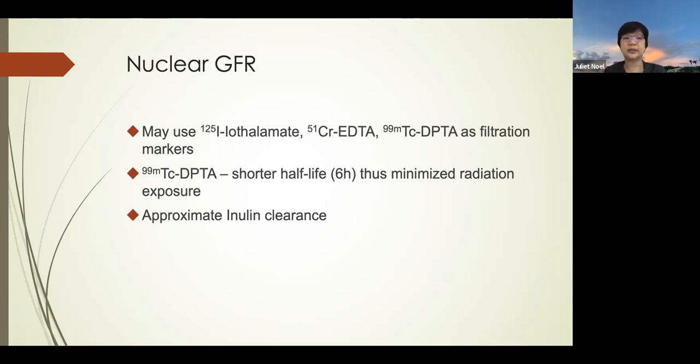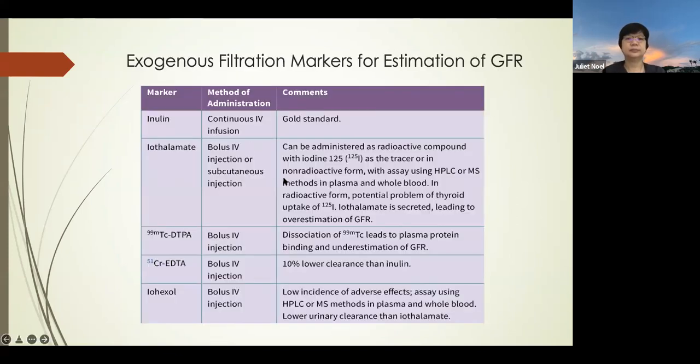Unlike serum creatinine, which increases as your kidney function deteriorates, with nuclear GFR we give a fixed dose of filtration marker. So among the exogenous markers, the gold standard, as mentioned, is inulin, but it needs a continuous infusion.